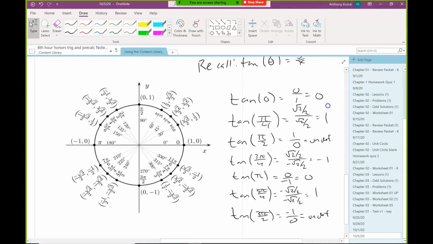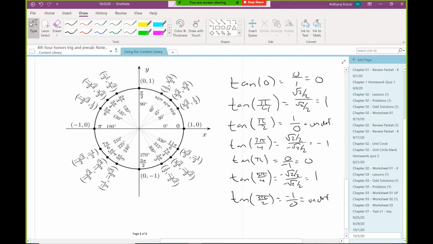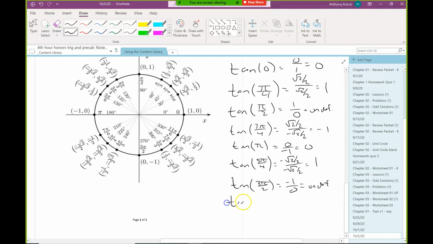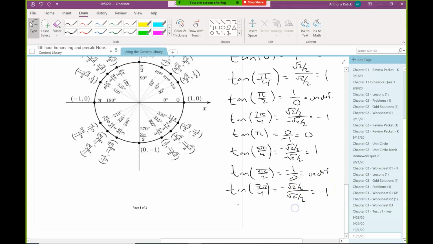Everybody okay with that? And then tangent of 7 pi over 4 is equal to negative root 2 over 2 over positive root 2 over 2, which equals negative 1. And then tangent of 2 pi is equal to 0 over 1, or 0.